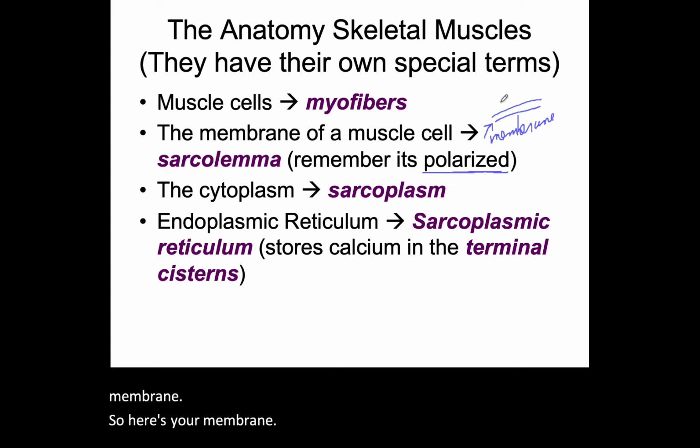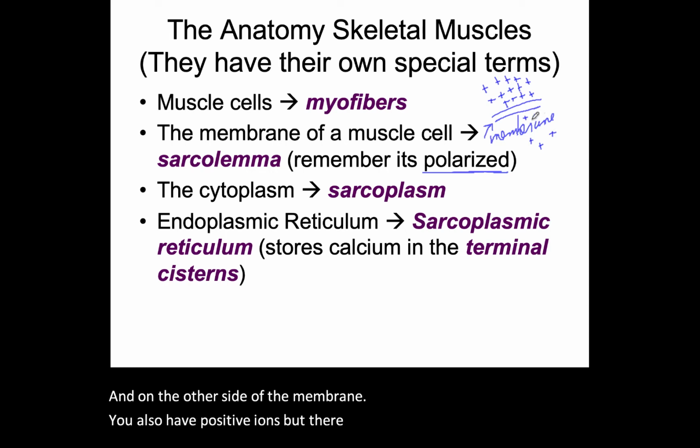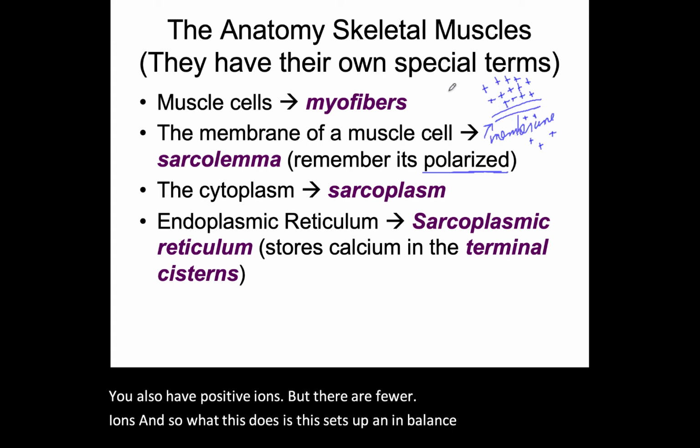And on one side of that membrane, you've got, in this case here, a bunch of positive ions. And on the other side of the membrane, you also have positive ions, but there are fewer ions. And so what this does is this sets up an imbalance of electrical charge.